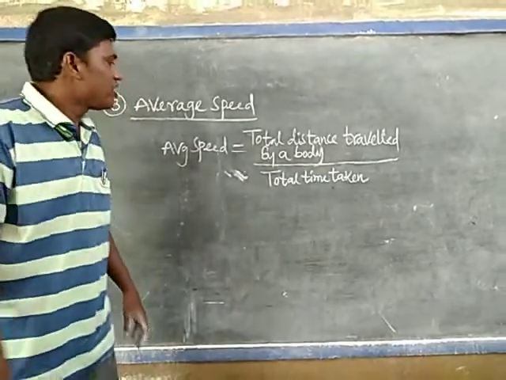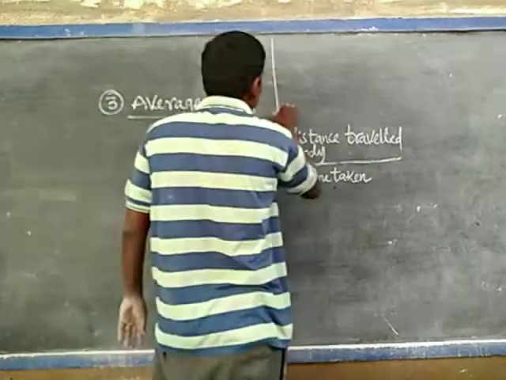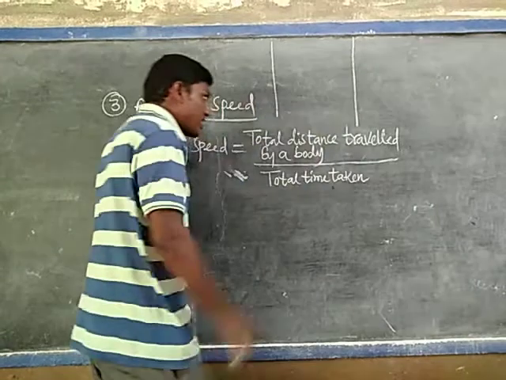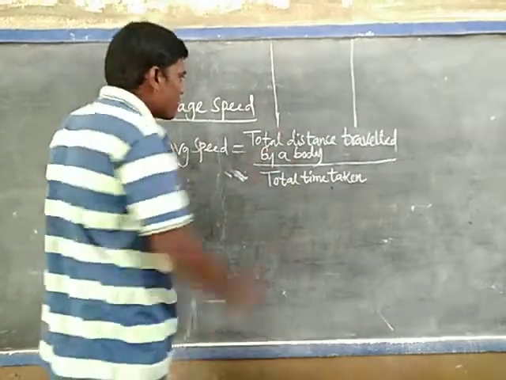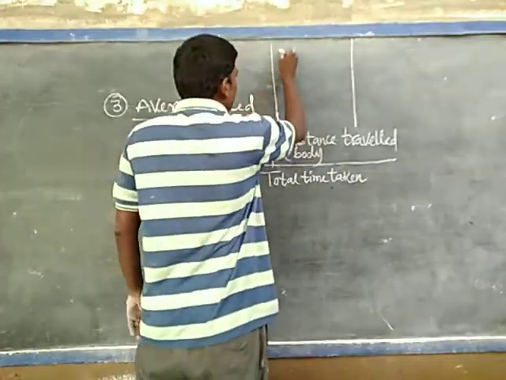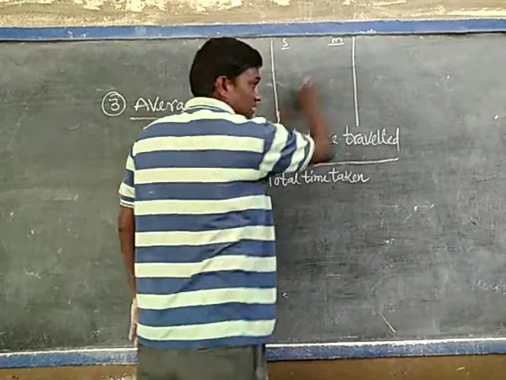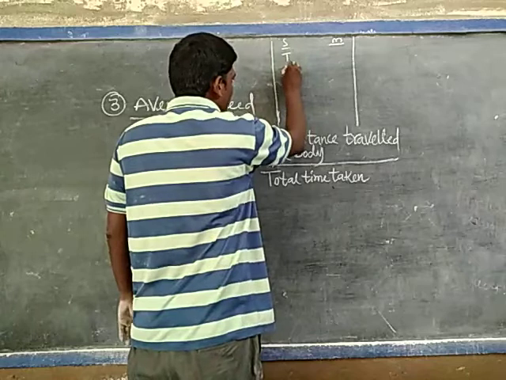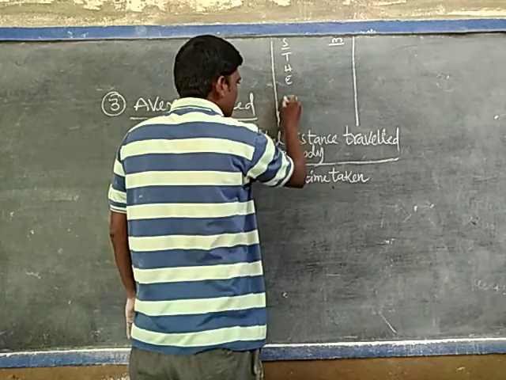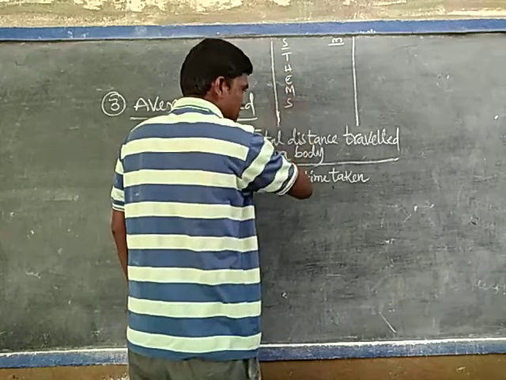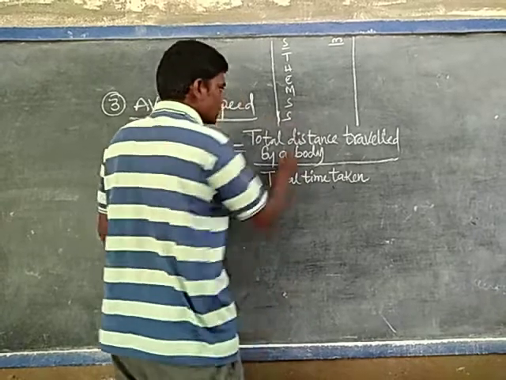Simply for your understanding, if you consider a student's FA1 marks, in each subject we consider the marks: Telugu, Hindi, English, Maths, Science, Social.